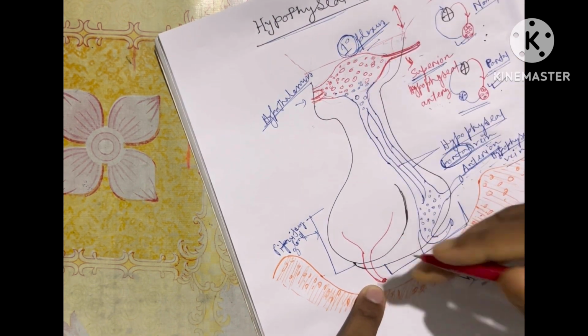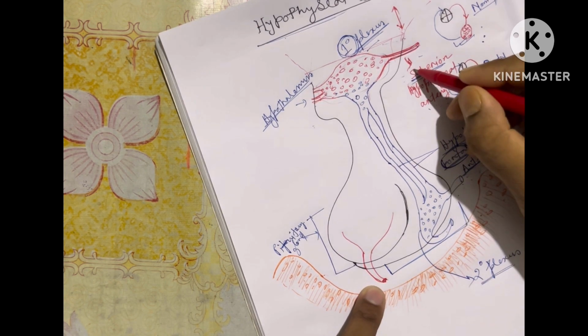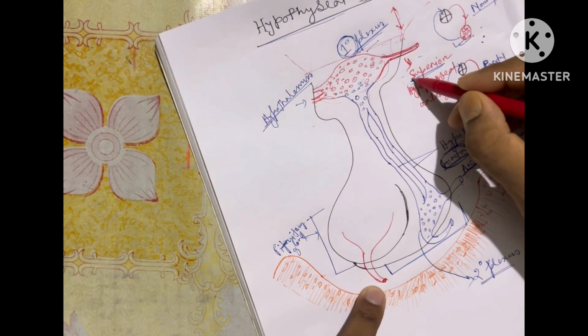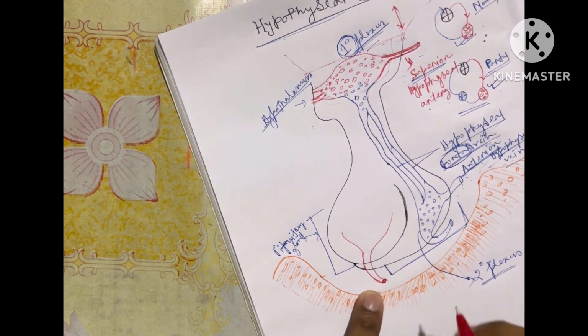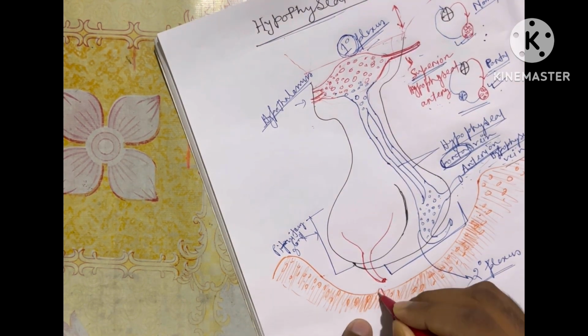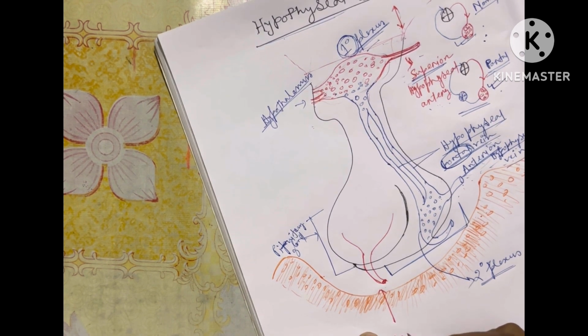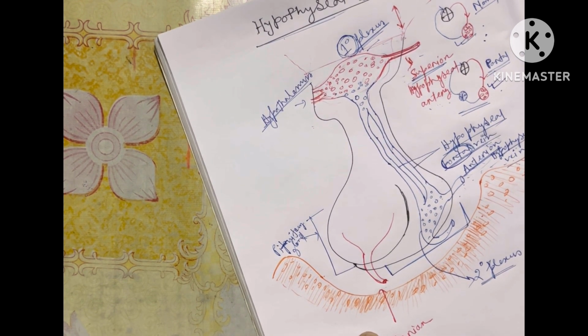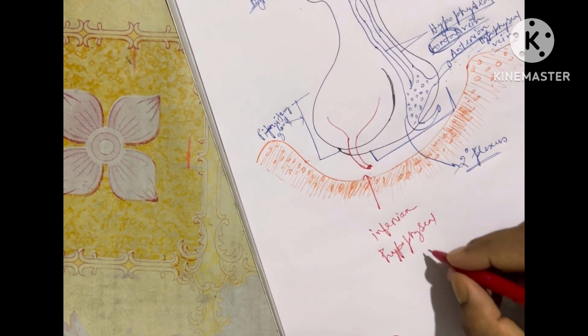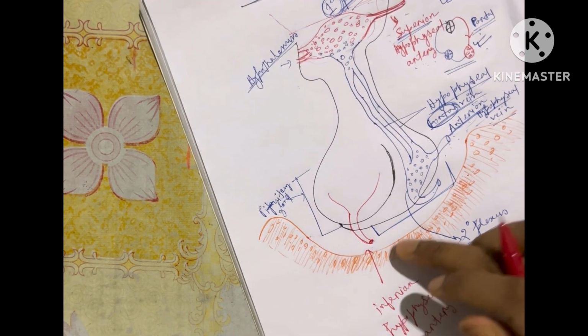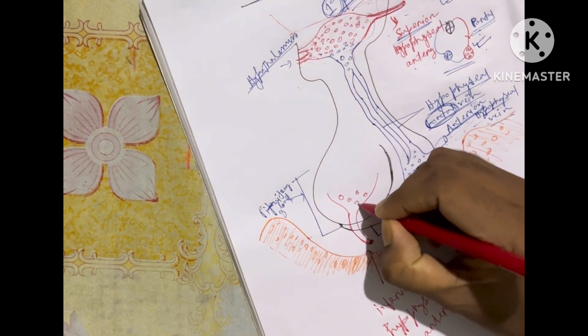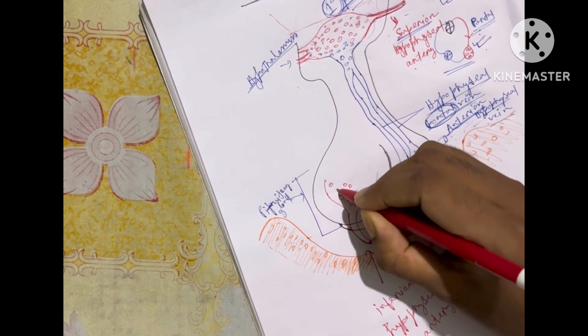First we discussed the superior one, and the one present below the superior is the inferior. So this is the inferior hypophyseal artery, and it will again form a capillary network over here.